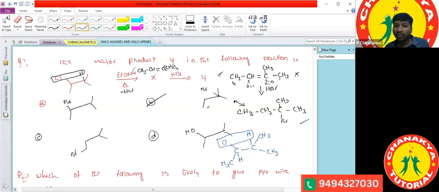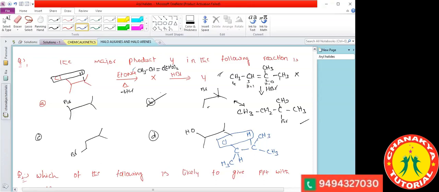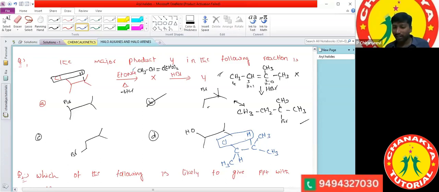Still any doubt? No, sir, understood. Elimination reaction. Yes, dehydrohalogenation. Hydrogen we have to remove, chlorine also we have to remove. If you remove the hydrogen and chlorine, the double bond is formed between the carbons. Okay, now you got this one.